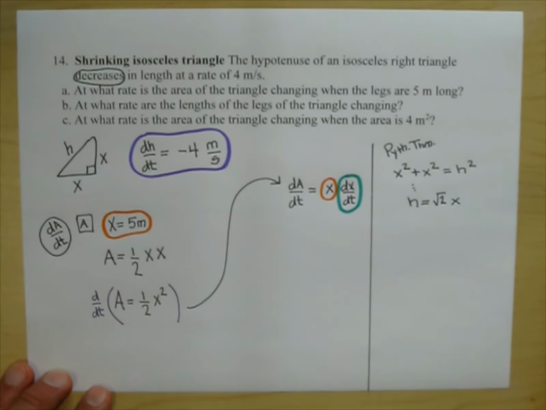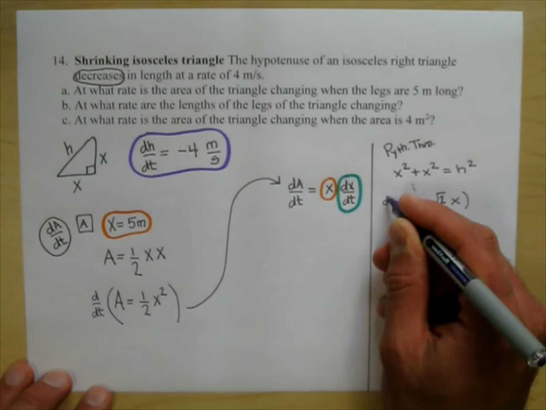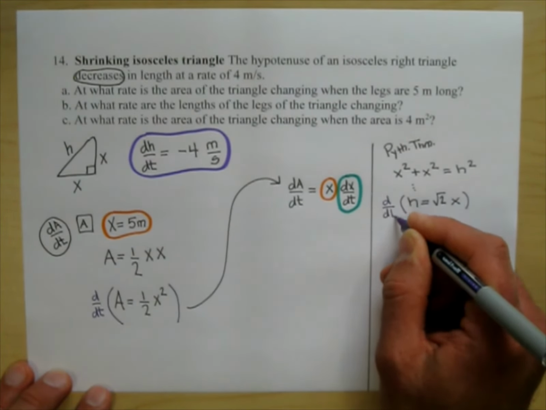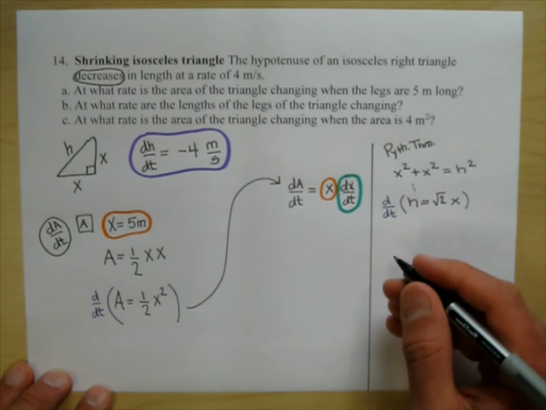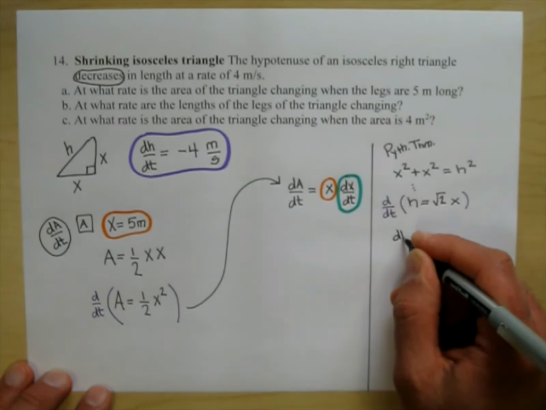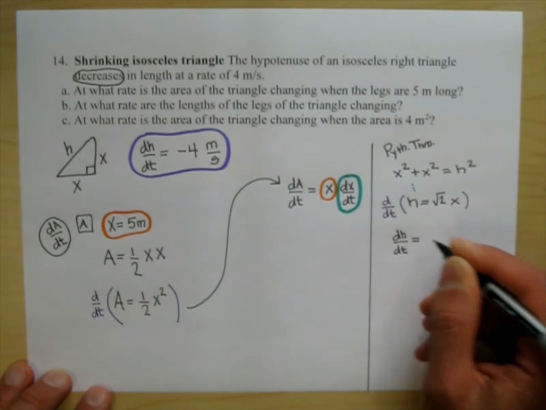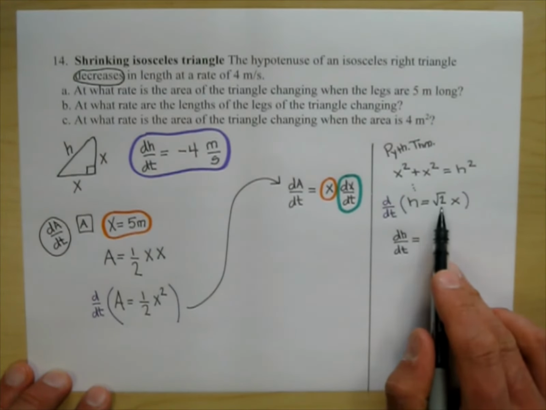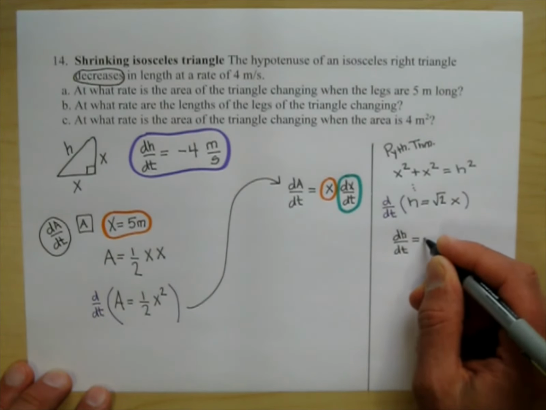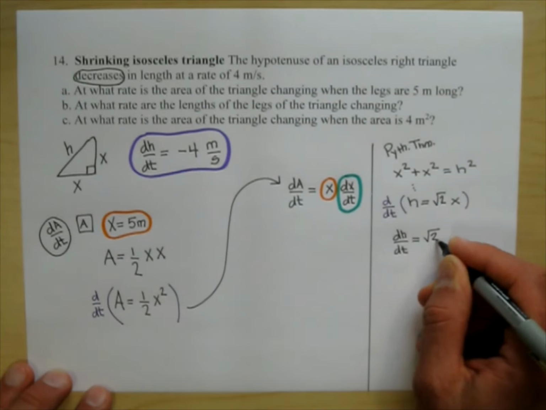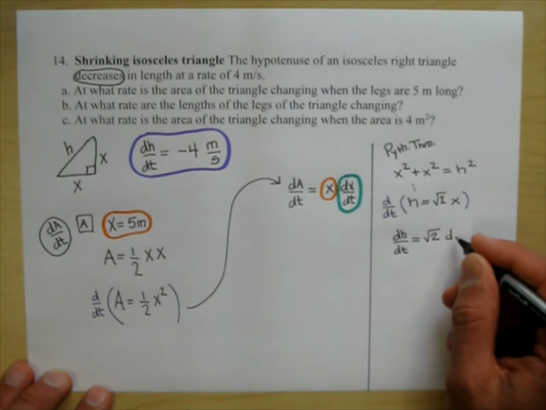So now I'm going to hit this equation with the derivative gun. d/dt. The derivative of h is 1, and then you have to go dh/dt. This equals the derivative of root 2 x, which is root 2, and then we should put a dx/dt.